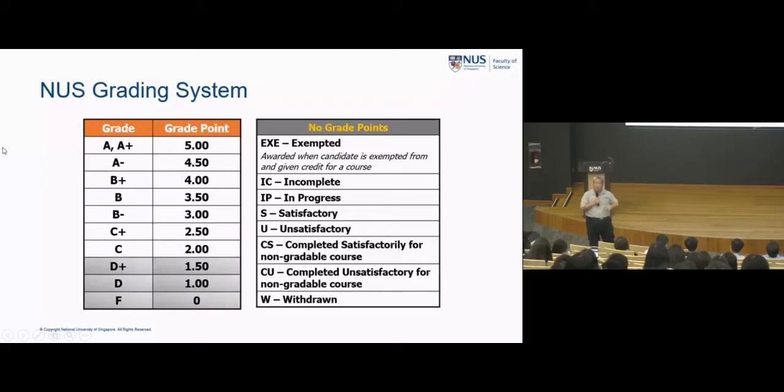If all your grades are A or A plus, and you took 5 courses, the total grade point you will get is 5 times 4, because you got 4 units, times 5 courses that you take. That's the total grade point that you get.